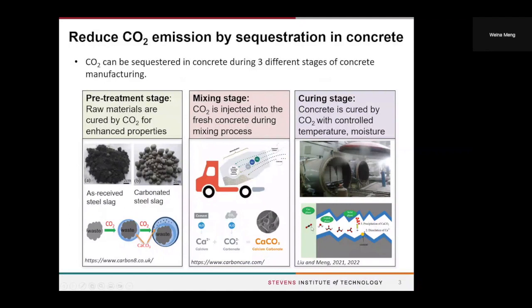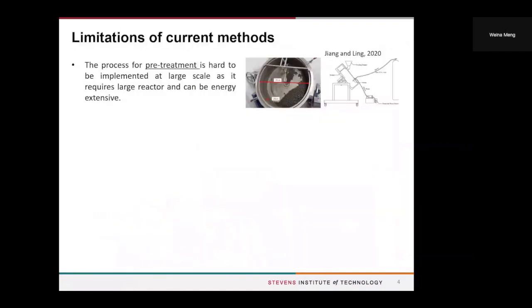Instead of promoting cement hydration just as in conventional water curing, the CO2 curing or carbonation curing is to promote the precipitation of calcium carbonates, refine the pores of the concrete specimens, and densify the microstructure. With that, the properties, especially the mechanical properties and durability of the specimens, will be enhanced.